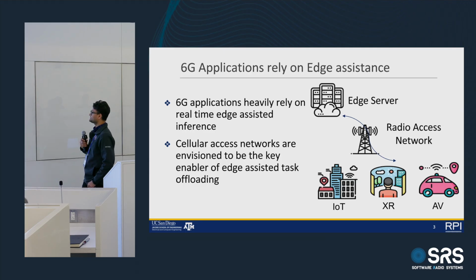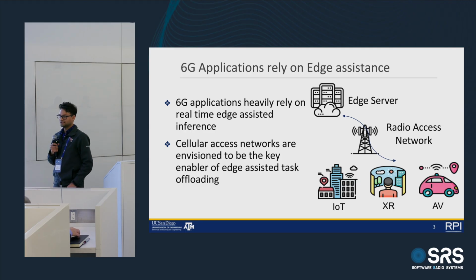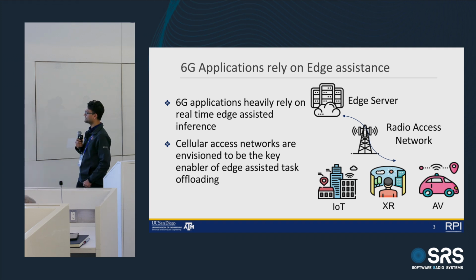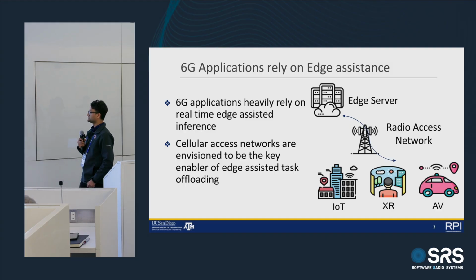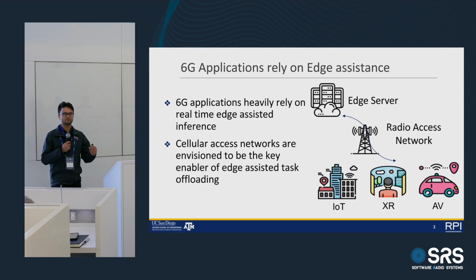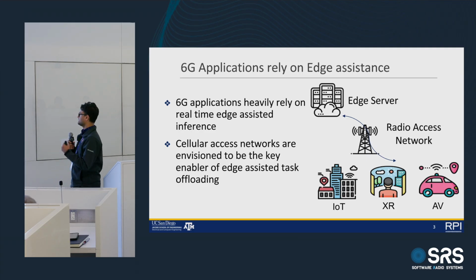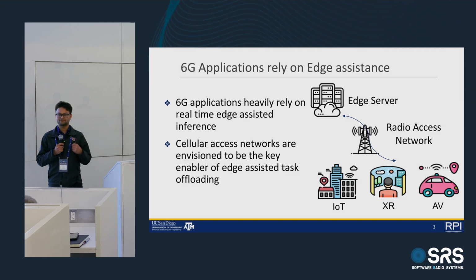So all the 6G applications are edge assisted. Edge is helping these applications with real-time inference, scheduling, and multi-user management, deciding which user gets which resources, and so on. It is really the edge network which has most of the control, most of the power to assign resources to different types of applications and different types of UEs.